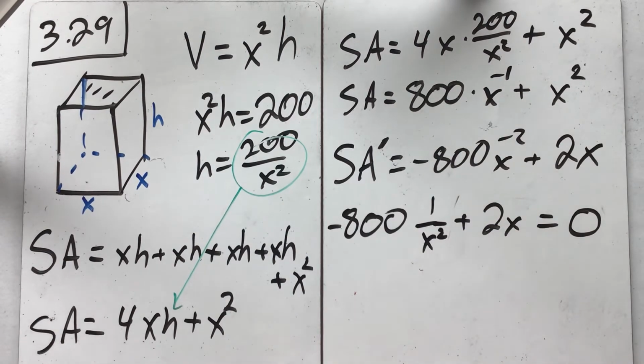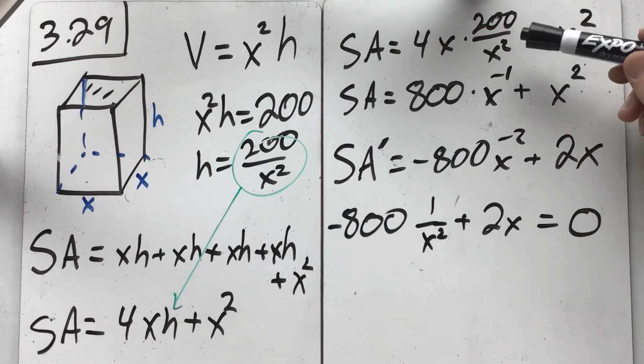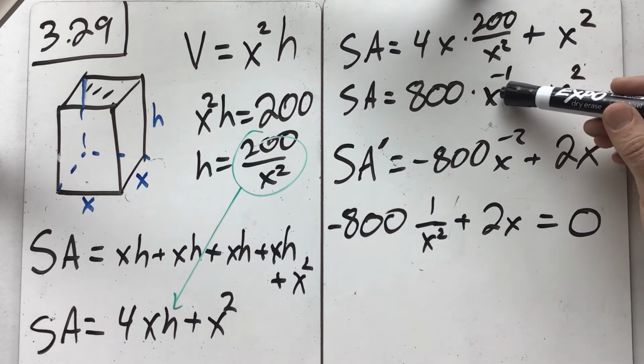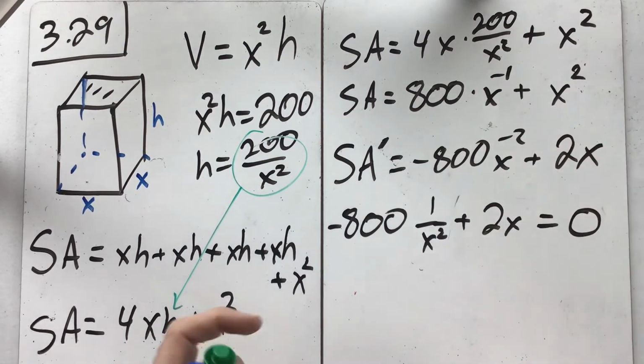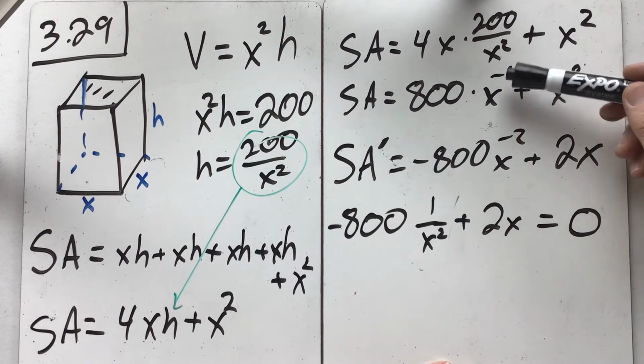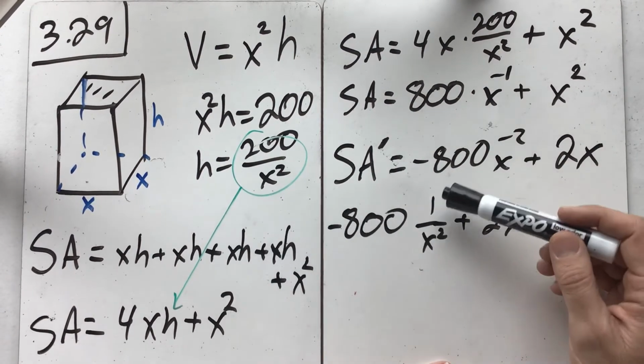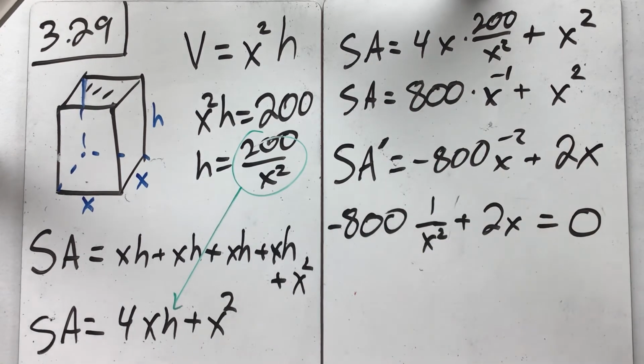Notice one thing I've done a lot this problem. I flipped back and forth between writing my exponents as a fraction and writing it with a power to a negative power. And I'm using the one that I think is most helpful for this situation. So when I take a derivative, I think it's useful to write the power with a negative sign. When I do algebra, I find it a little bit more helpful to write it as a fraction.